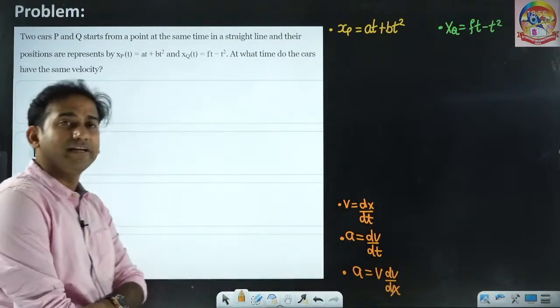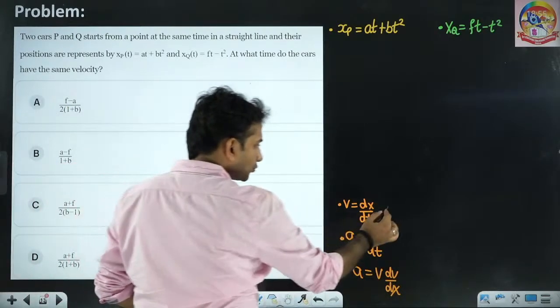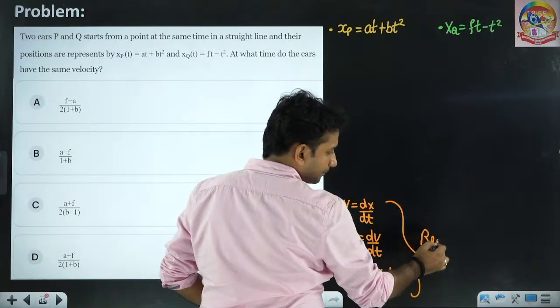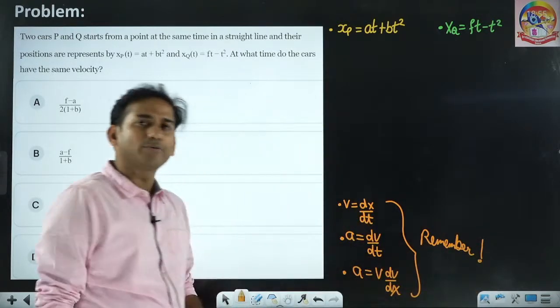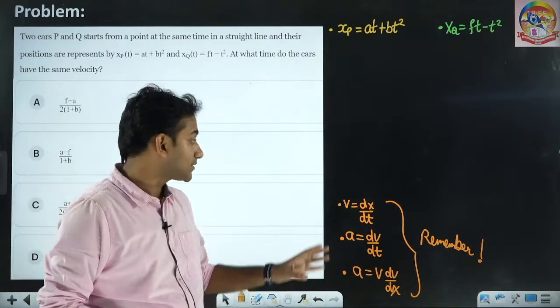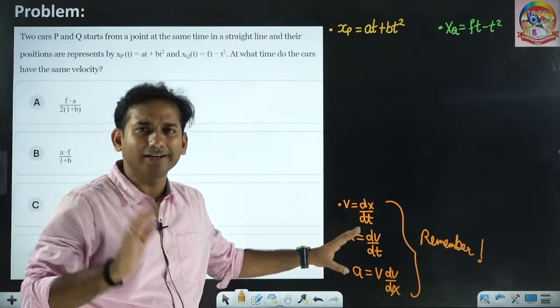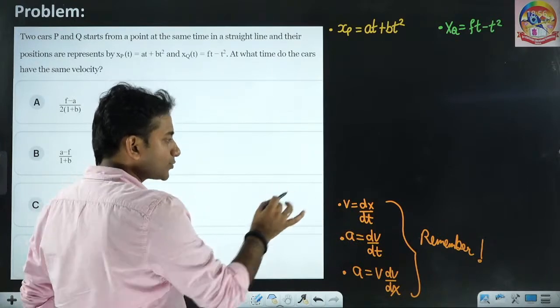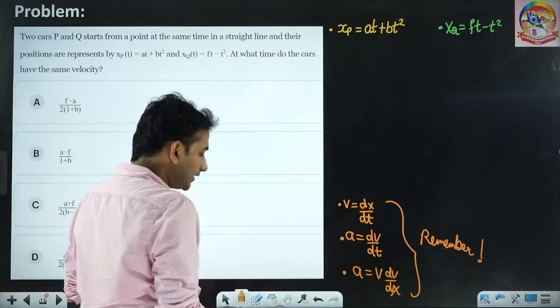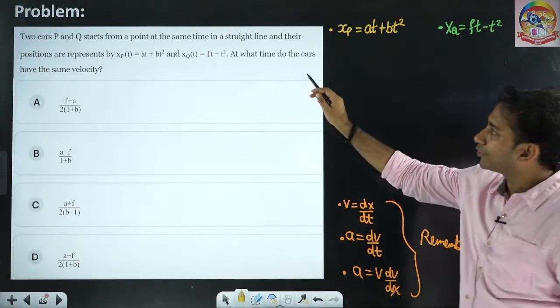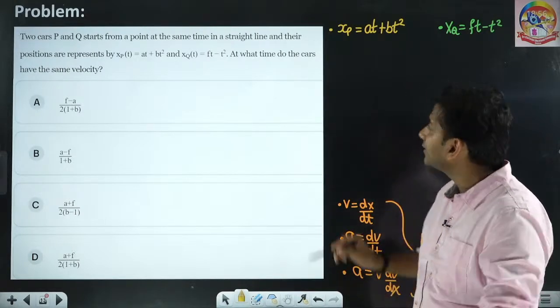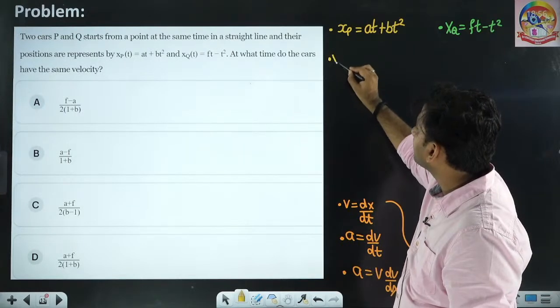You are supposed to remember these three equations. General equations of motion are very common questions, and you can definitely get a question from this. So v equals dx by dt, a equals dv by dt, and a equals v dv by dx. Now, if they are asking at what time the cars have the same velocity, let's try to get the value of velocity.